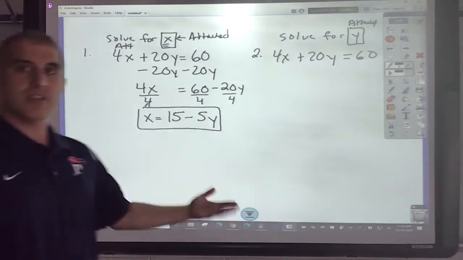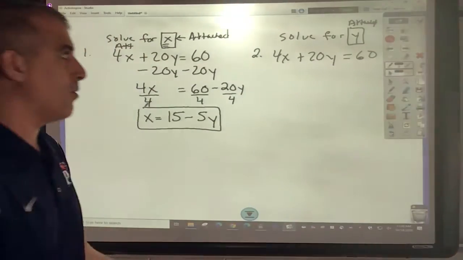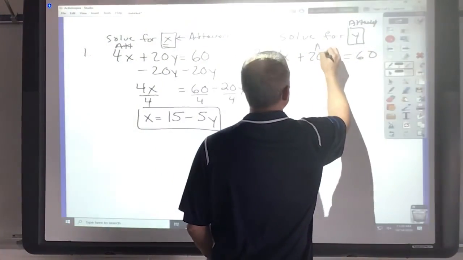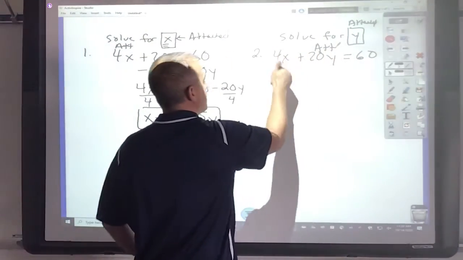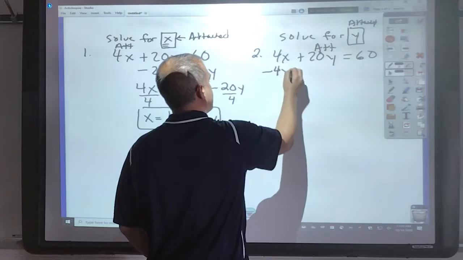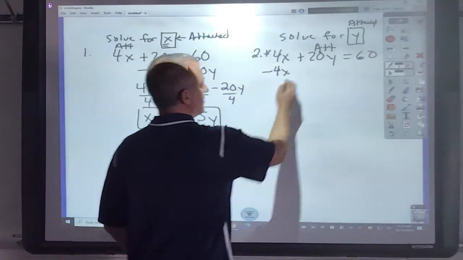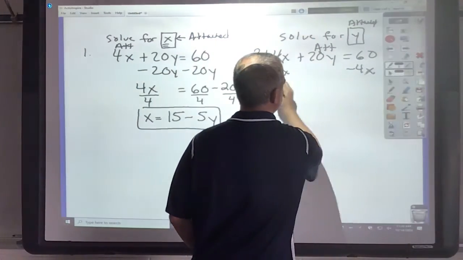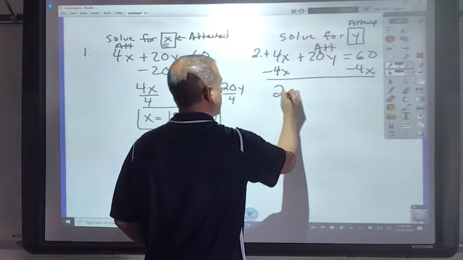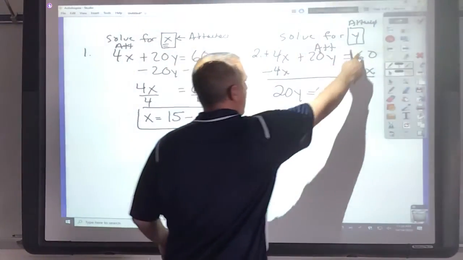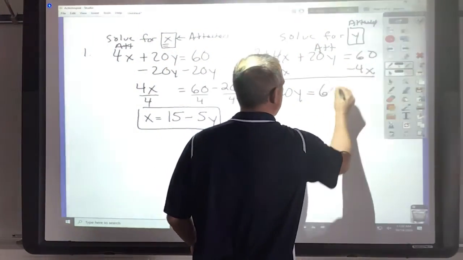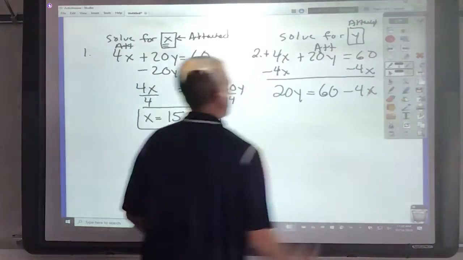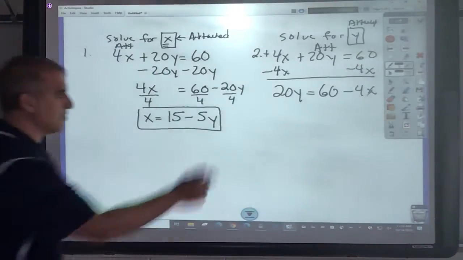Let me show you the difference of solving for y. Now this is the attached. I'm going to move this one. Since this would be a plus out here, subtract 4x, subtract 4x. Now I bring down the 20y. I cannot combine those because that has a letter with it. Now I'm going to get rid of the 20.